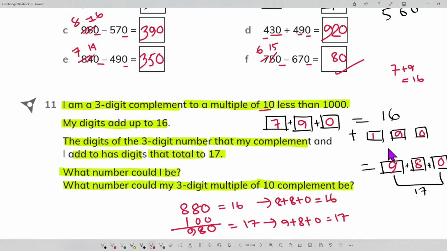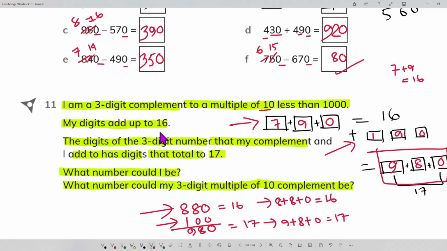So our target is to make 980, and two ways we can make 980. First one 790, another one 880. If 790, we should add 190, and if we use 880, we should add 100. Okay, this is an interesting question. I hope you understand this one.